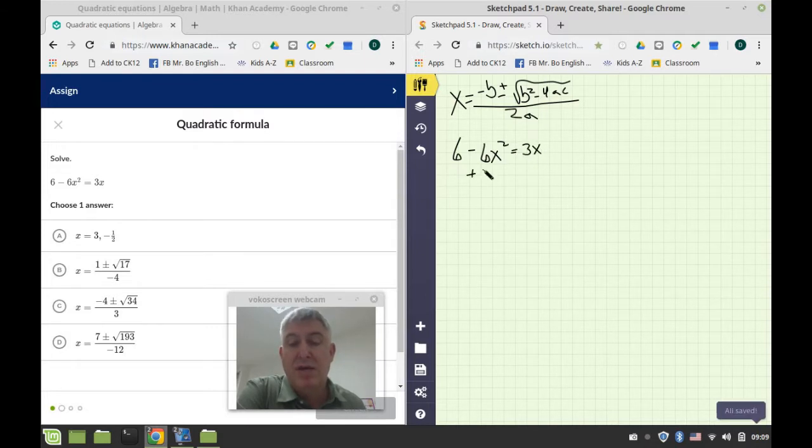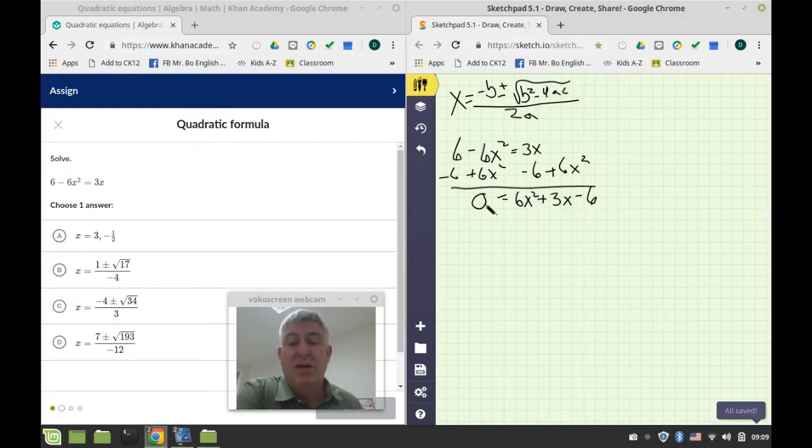I'm going to add 6x squared to this side and minus 6, and do the same thing over here. Then when I get done on this side, I'm going to have 0, and I'm going to have 6x squared plus 3x minus 6.